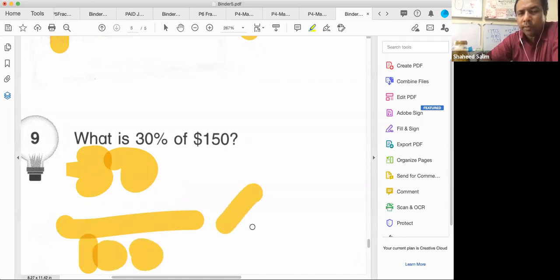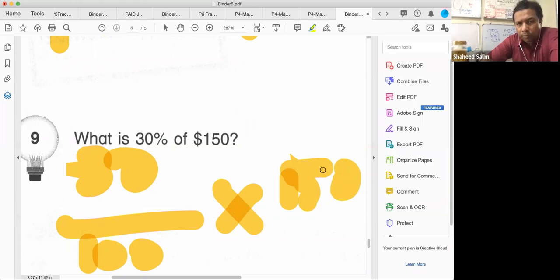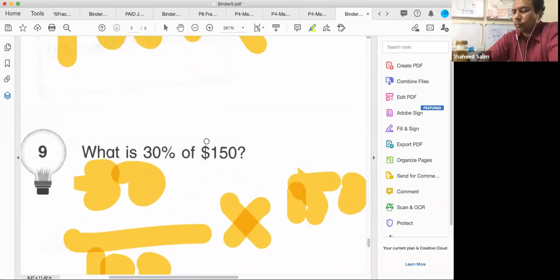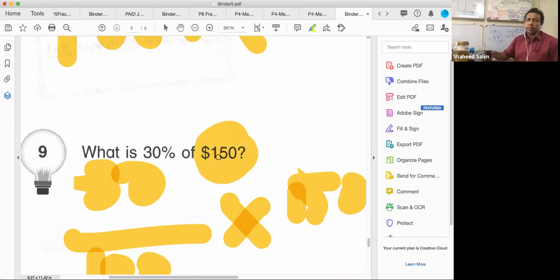Times by 150. 4,500. No, the total is only 150. Total amount of money 150. Cannot be more than that.